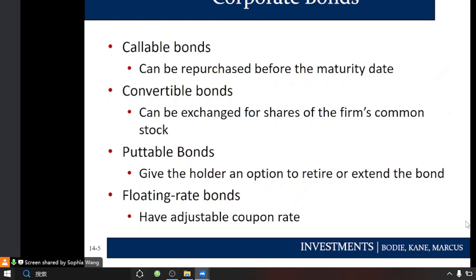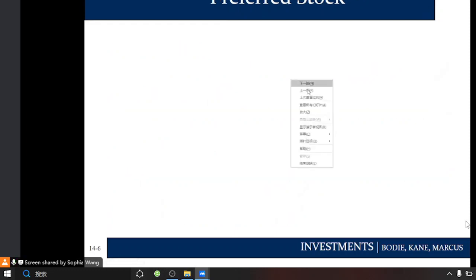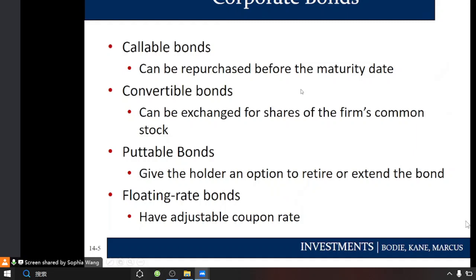Last year it was 3%, but today the interest rate in the bank is decreasing, so I want to decrease the coupon rate. In that case, this kind of bond can be repurchased before the maturity date, and issued again at a lower coupon rate.